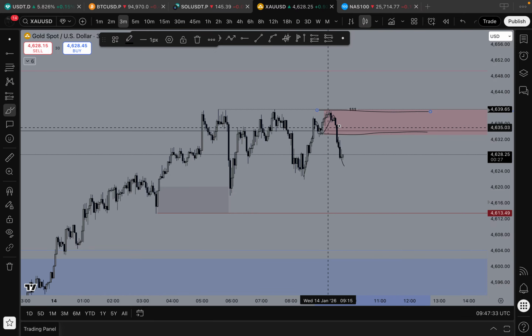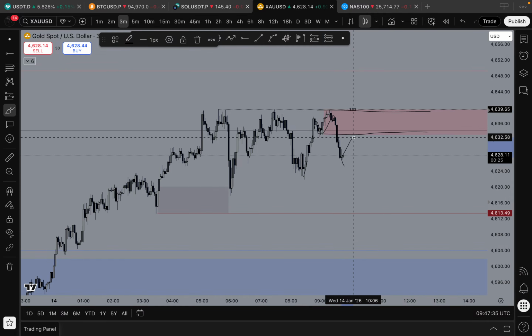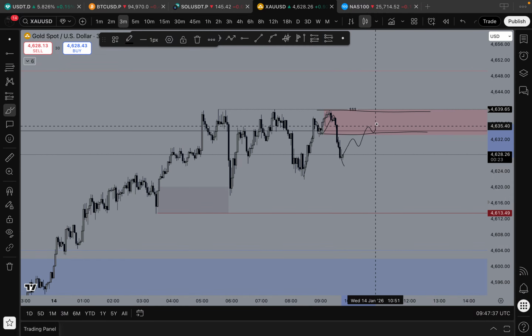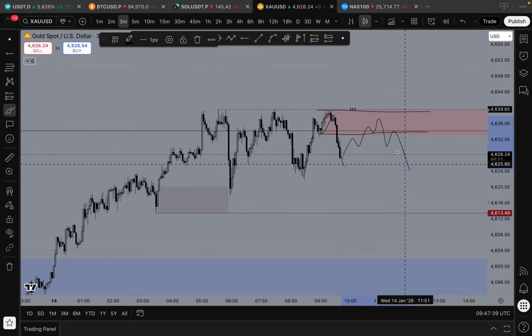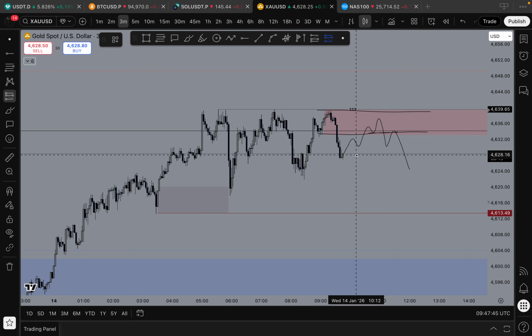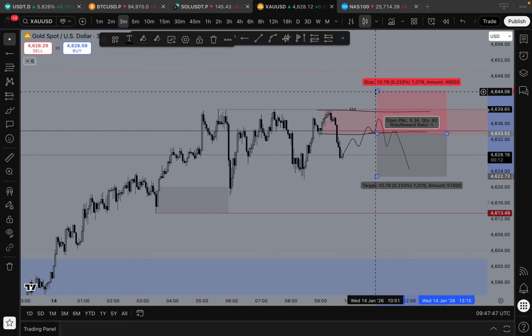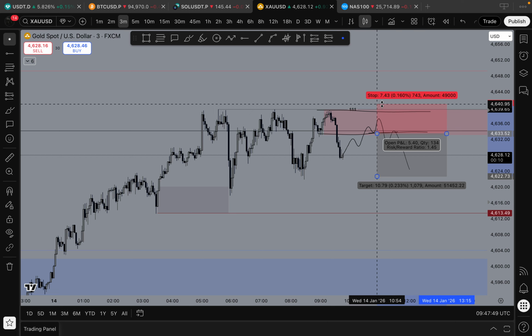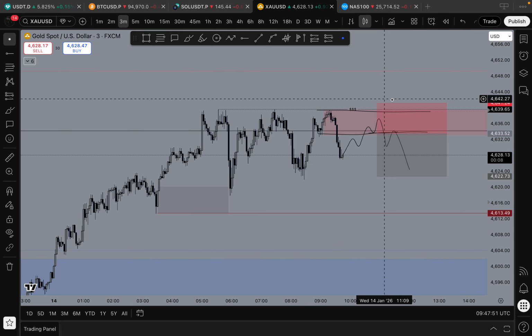So a potential play I would look at is maybe if you get a move into this zone, you break structure again, like that. You could try a short. Technically, you would say you can put your stop above this high, but I would give it a bit of room because we have equal highs, so that's a liquidity point.